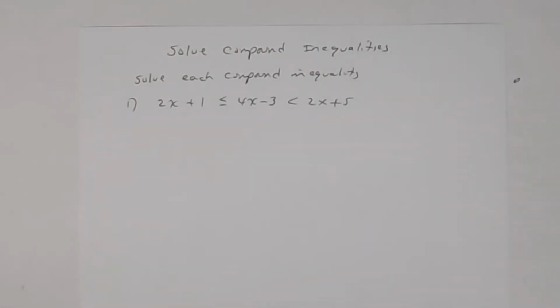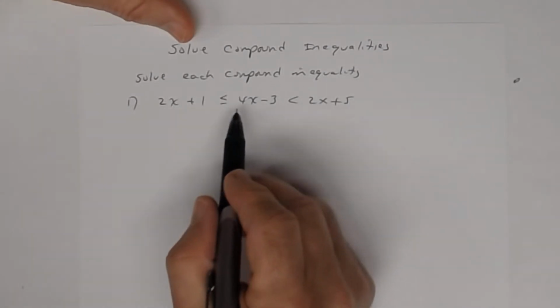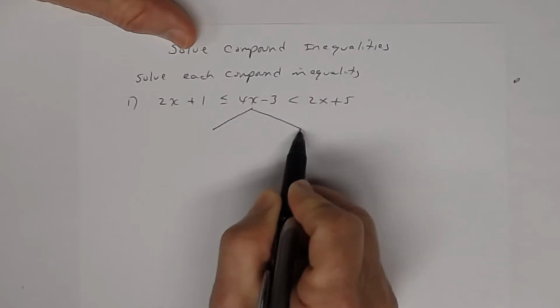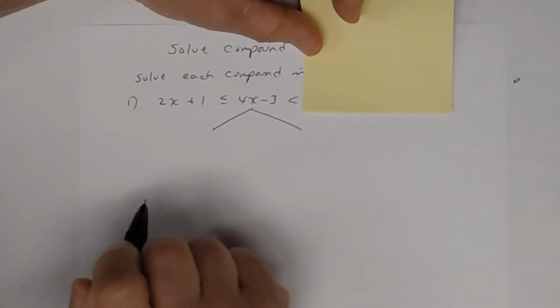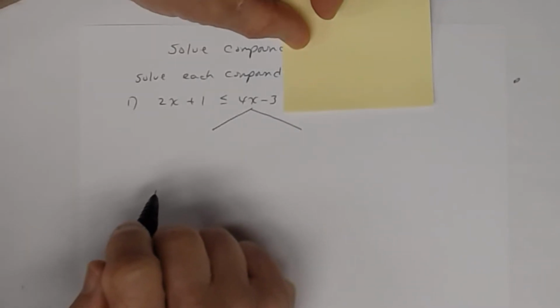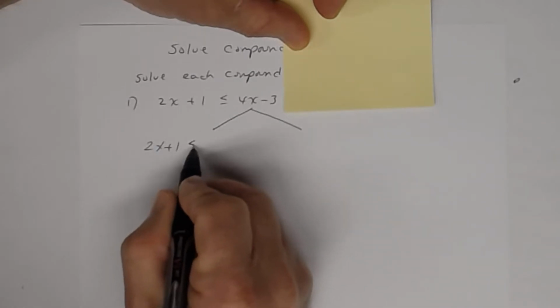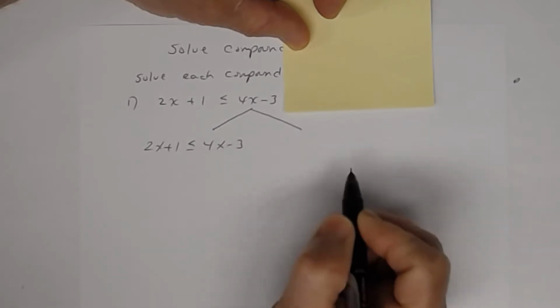Just like in the previous lesson, we're going to split this compound inequality into 2 simple inequalities. You can cover this part up if you want to: 2x plus 1 is less than or equal to 4x minus 3.